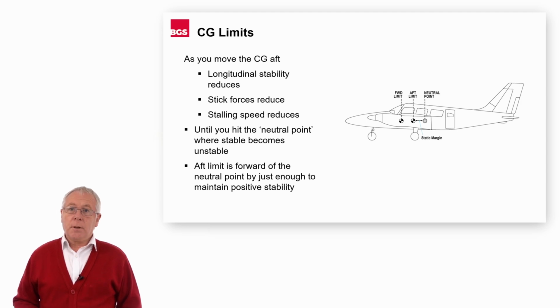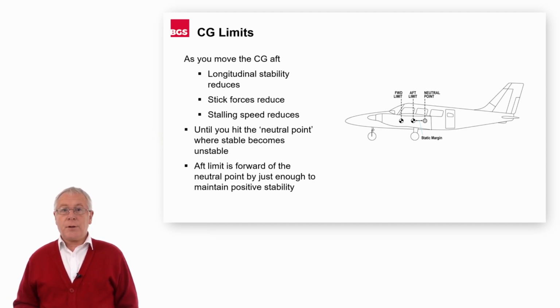In other words, commercial aircraft are designed to confine the centre of gravity to limits that are forward of the centre of pressure. As the centre of gravity moves aft towards the centre of pressure, stick forces will be lower, as will the stall speed, because there's less downforce required from the stabiliser.